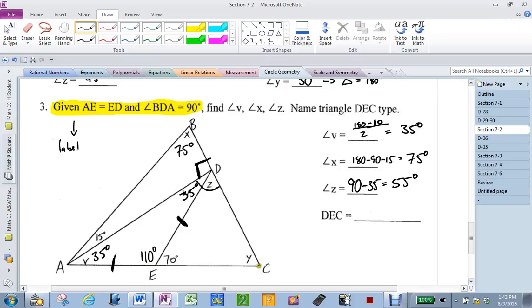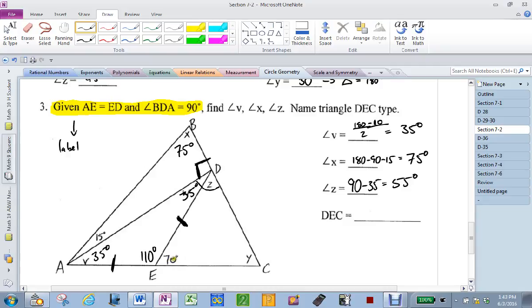DEC. That whole angle, we know it's 70. Does it equal anything else? Oh, sorry. Name the triangle DEC type. Isn't that an equilateral? The three-sided one?